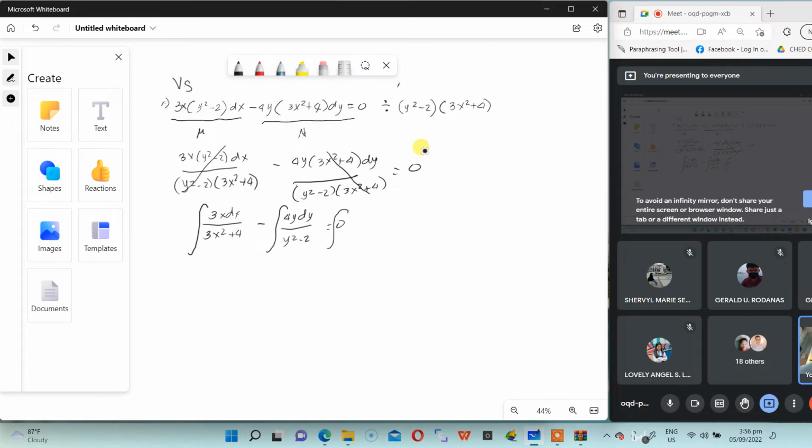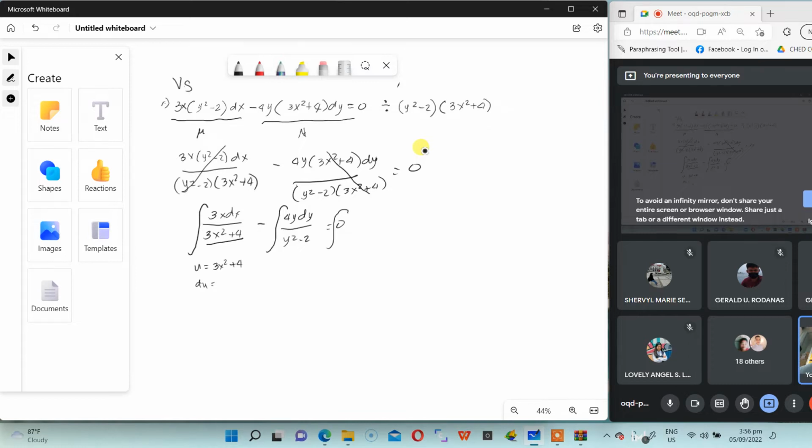So in this case, we could let u be this denominator. So we have u equals 3x squared plus 4. So what will your du be? What is the derivative of 3x squared plus 4?